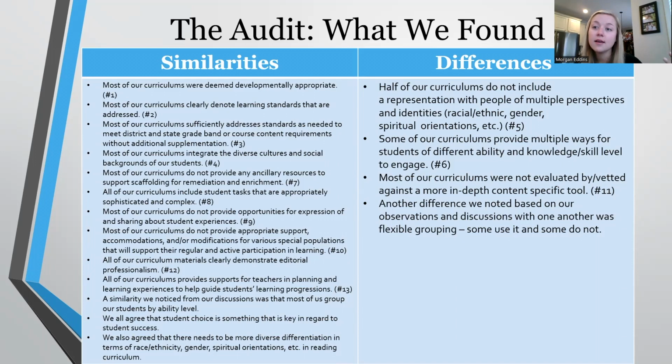Most of these strategies were not present in our classrooms. And those observations and this data from our curriculum audit tool were what we used to help push our recommendations and view our recommendations moving forward.